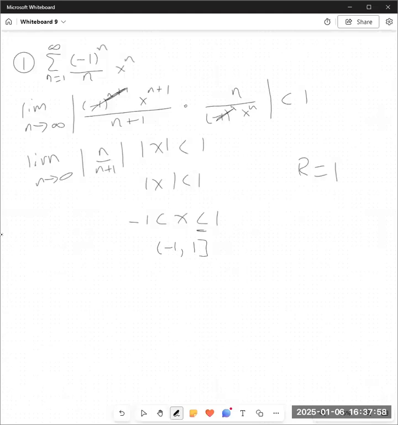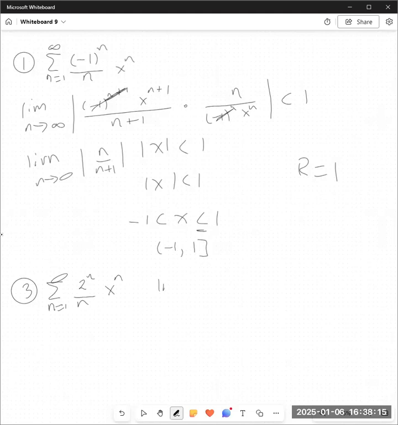Let's go ahead and look now at number 3. It says series from n equals 1 to infinity of 2^n over n, x^n.